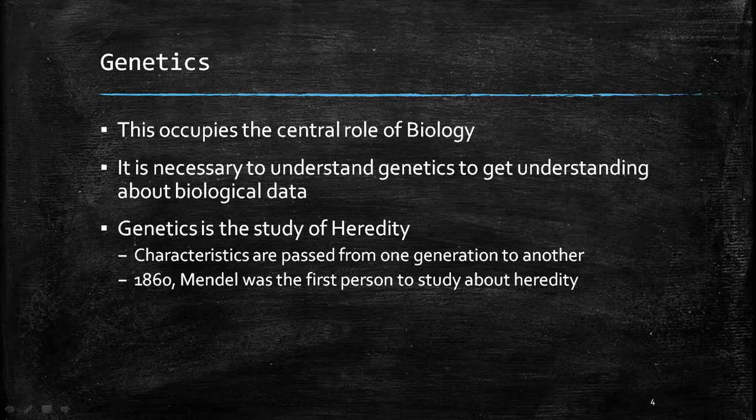Genetics is the study of heredity. Heredity is a biological process whereby a parent passes certain genes onto their children or offspring. The first scientific experiment of heredity goes back to the 1860s, where Mendel studied how the characteristics of pea plants passed from one generation to the other.